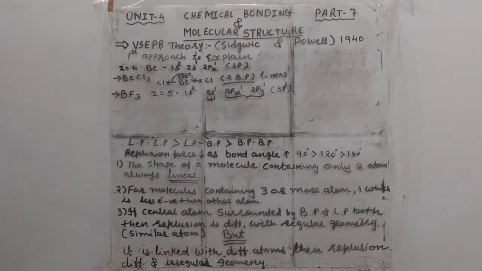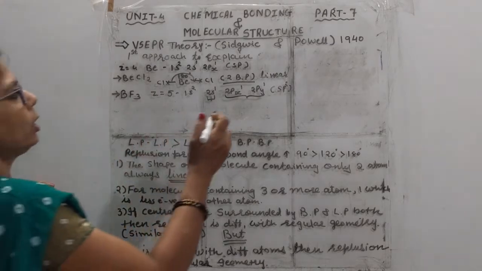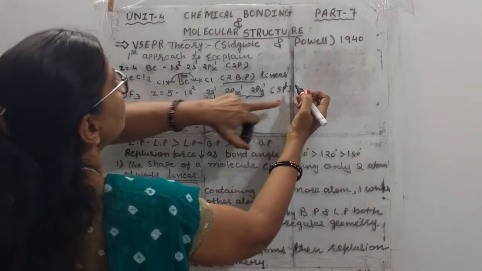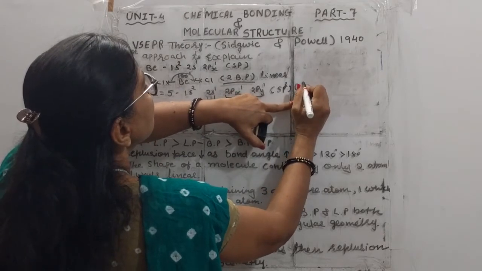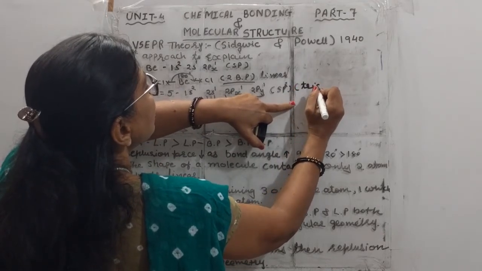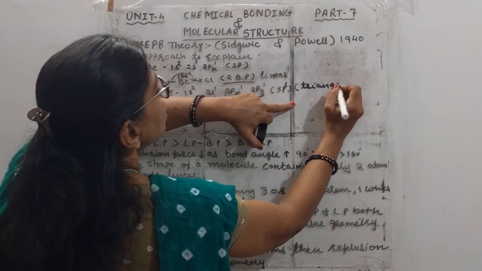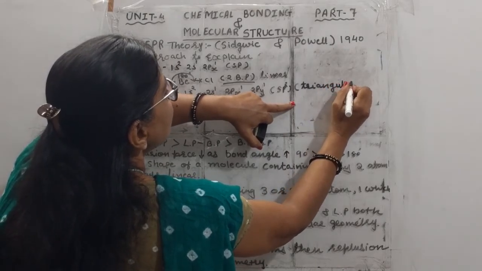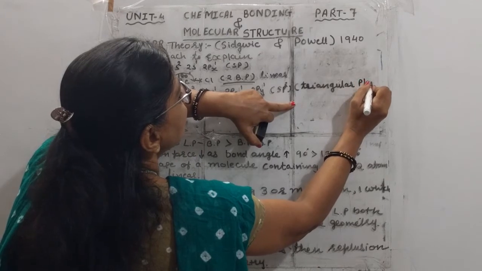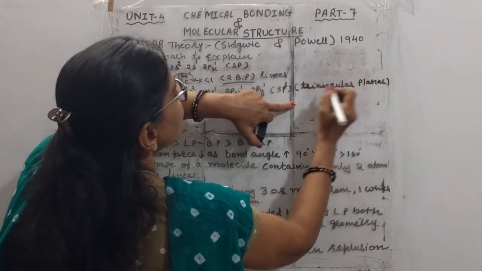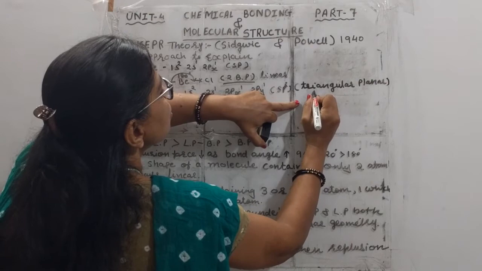Now sp2 hybridization means the shape of the molecule, if we see, then the shape of the molecule comes triangular or trigonal. We can say triangular planar or trigonal.